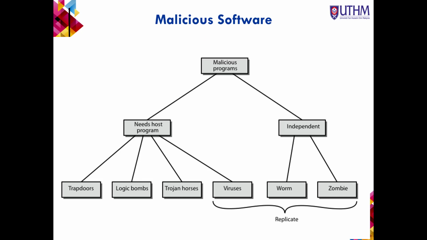So the malicious software hierarchy, you can see in this diagram. It can need a host program or be independent. Those that need a host program essentially try to attach to existing programming code to get the virus replicating, or it is the independent program itself.